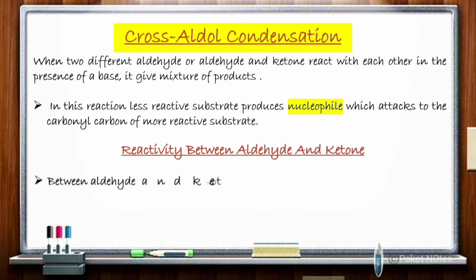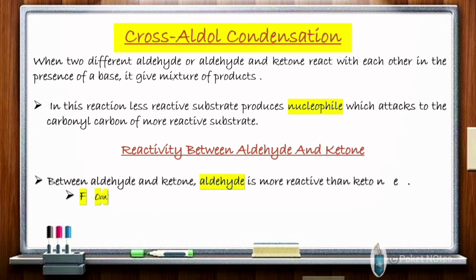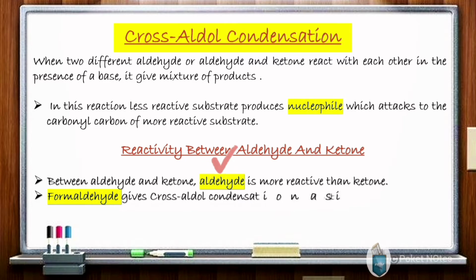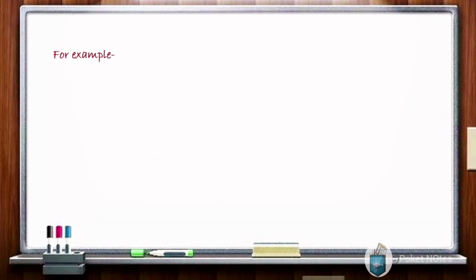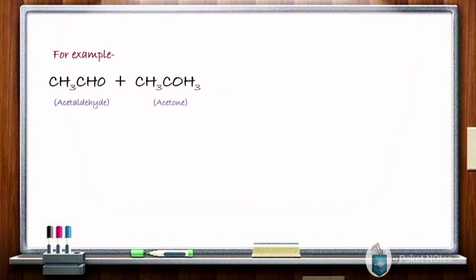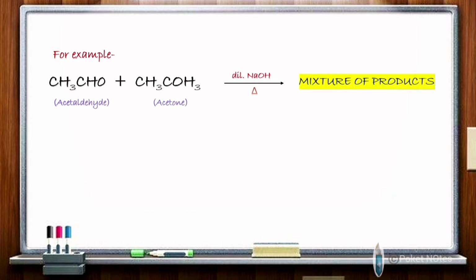We know that between aldehyde and ketone, aldehyde is more reactive than ketone. Let us take an example. 1 mole of acetaldehyde and 1 mole of acetone undergo a reaction in the presence of a base like NaOH.